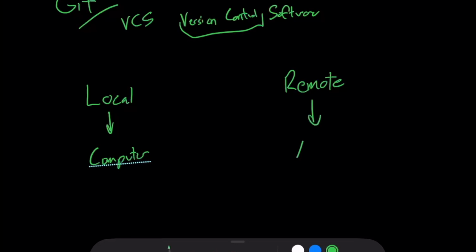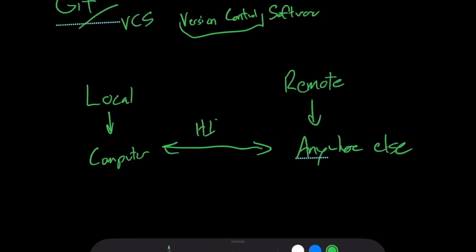The remote is anywhere else. So if that computer is your local, my computer is a remote. So your computer is your local, but every other computer is a remote. And what Git lets you do is sync history between locals and remotes.